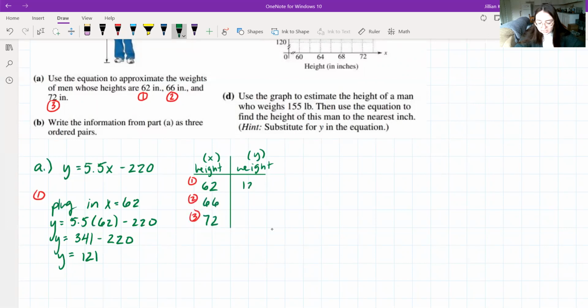So our weight is now 121, and our weight is in pounds, height is in inches.